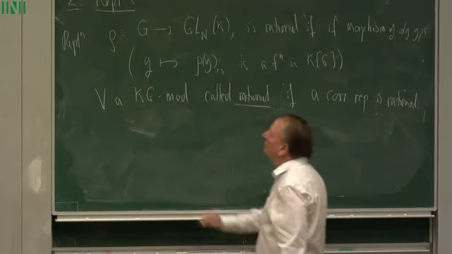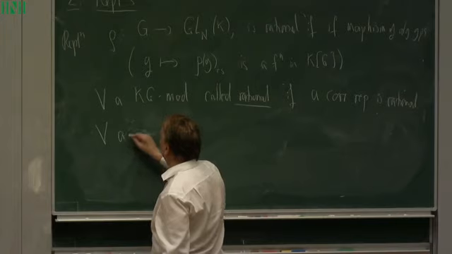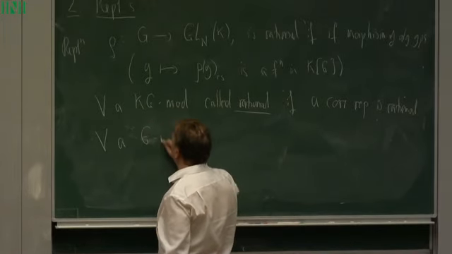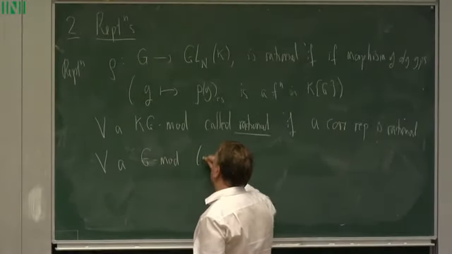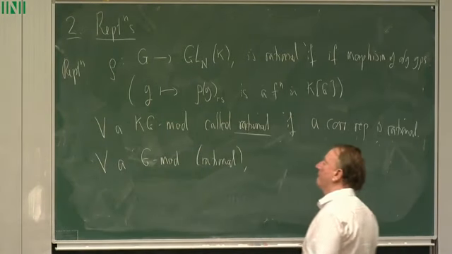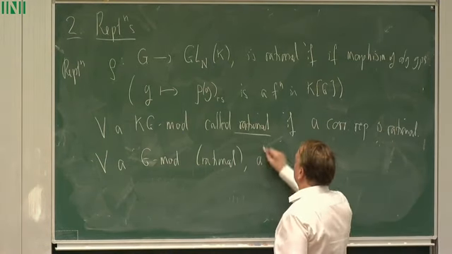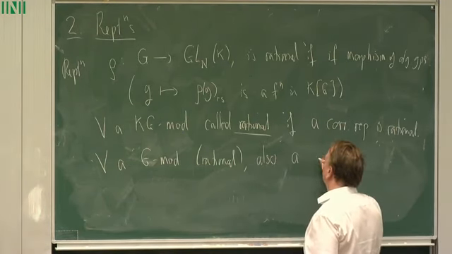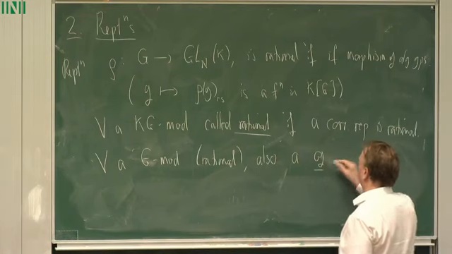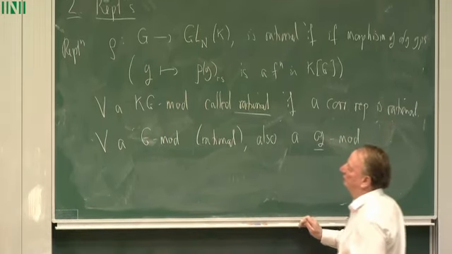Now, if I start out with a G module, a big G module, well, G module will now mean rational. Then it's also a module for the Lie algebra. So this works like this.